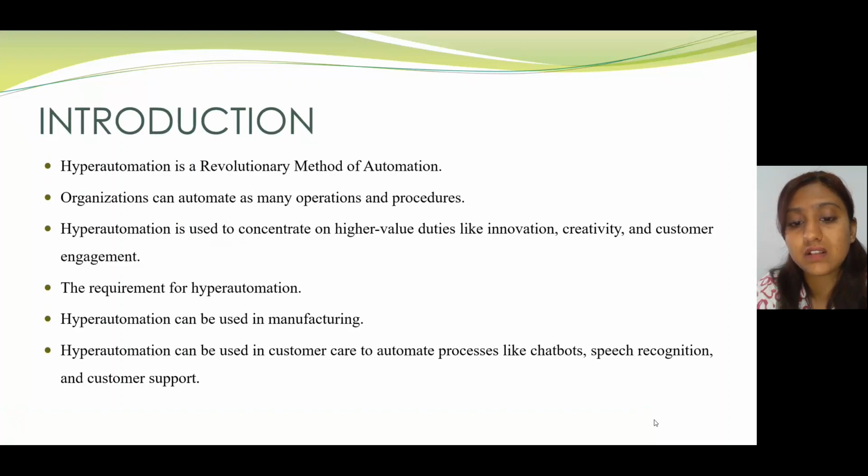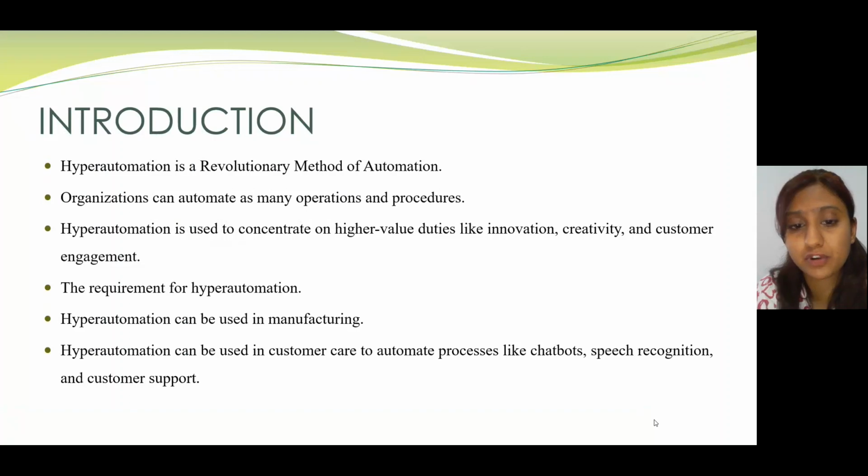Organizations gain a variety of advantages from hyperautomation, such as improved productivity, adaptability, scalability, and cost savings. By automating jobs, organizations can decrease errors, increase productivity, and shorten time to market.